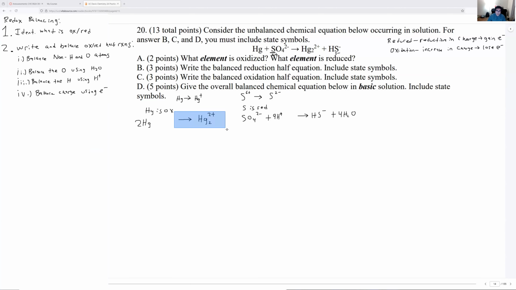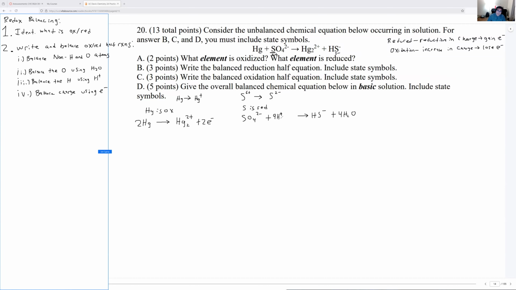So what I'm going to do is add two electrons on the right because I have +2 over here and no charge on the other side. To make these the same, I need -2, or I need 2 electrons. So balancing the charge using electrons, this mercury is actually all balanced. That's done.